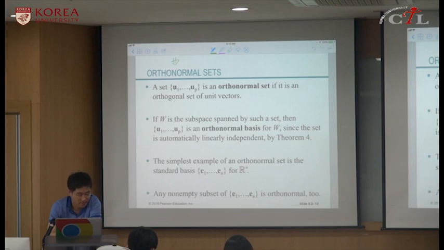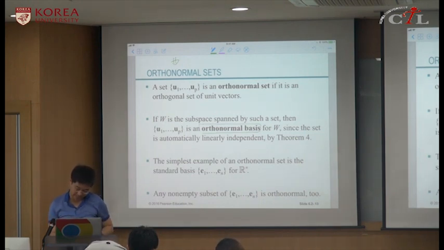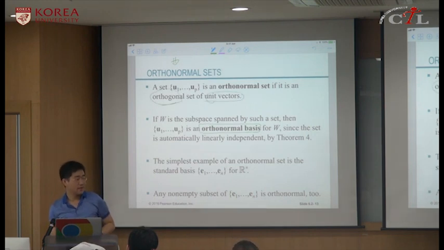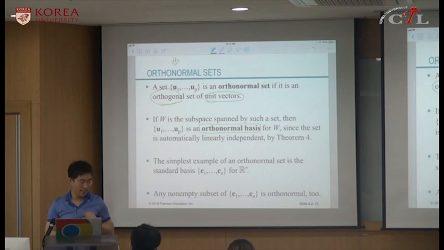Okay, so that is the definition of this orthonormal set. They are orthogonal, but their vector length is 1, which means that these vectors are unit vectors.